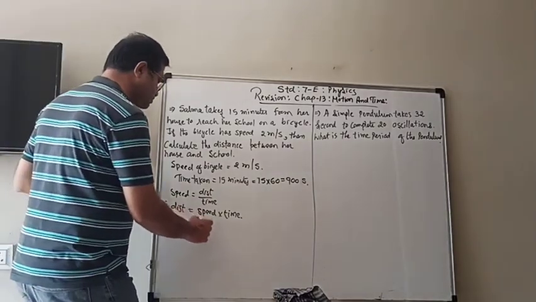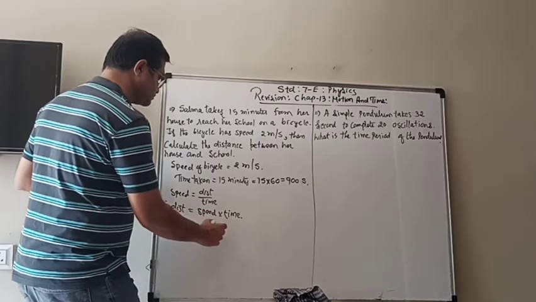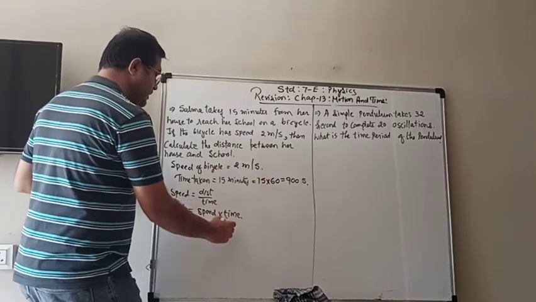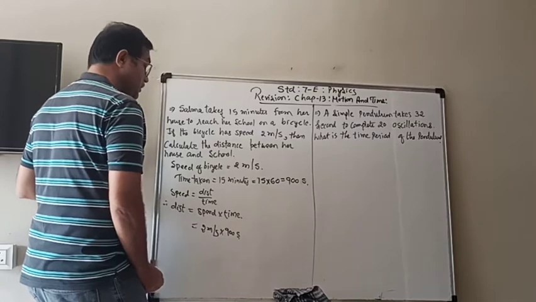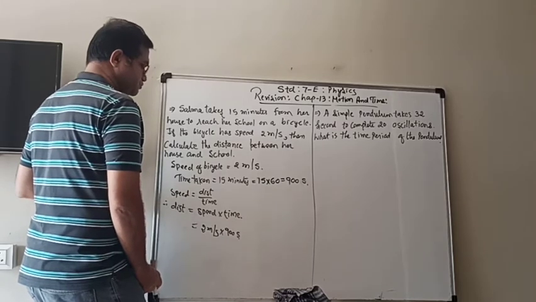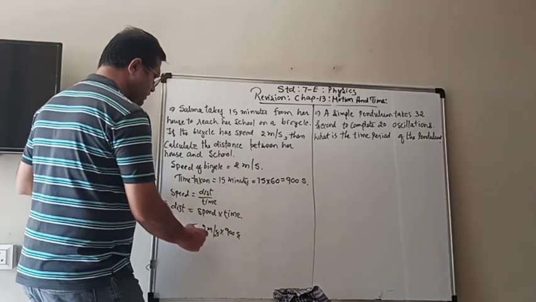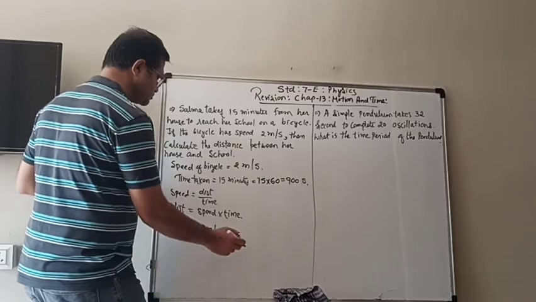What is the speed? 2 meter per second, multiplied by what is the time? 900 seconds. So here second will be gone, and 9 twos are 18, 1800 meter.